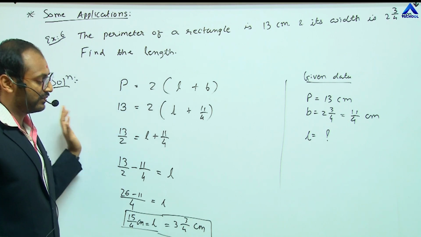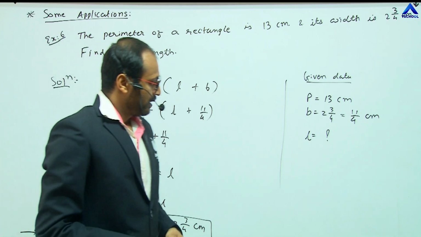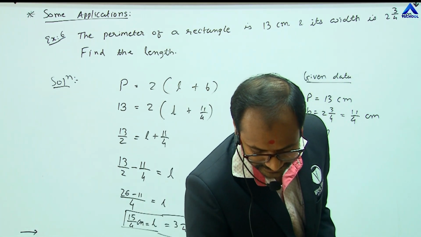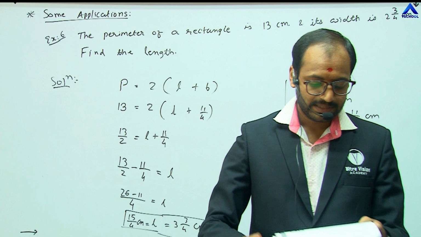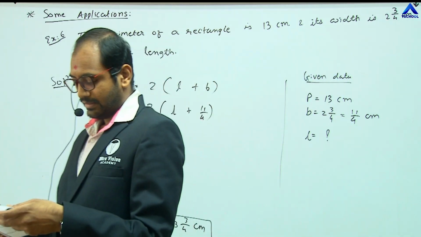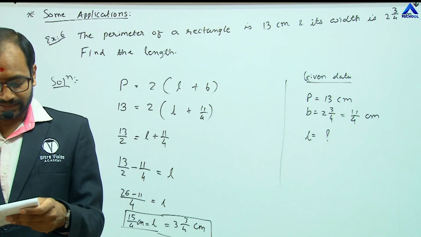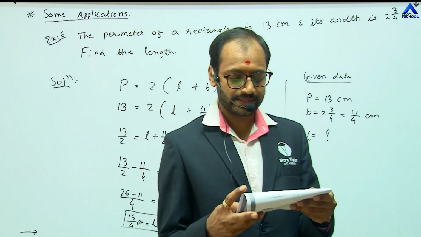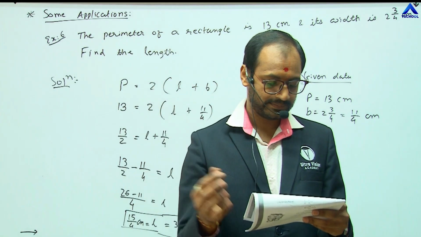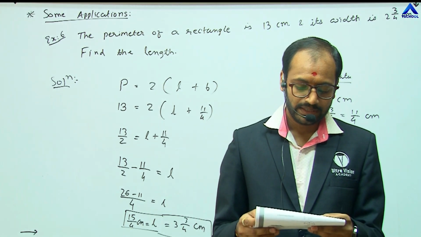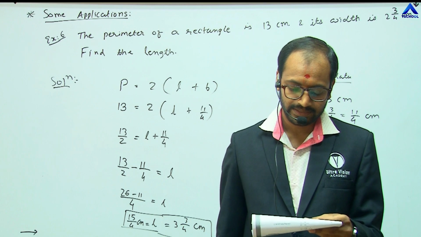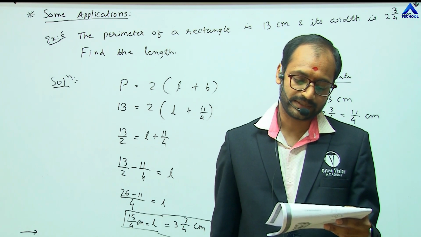Clear? So let me move to example number 7. Example number 7: The present age of Sahil's mother is 3 times the present age of Sahil. After 5 years, their ages will add to 66 years. Find their present ages.